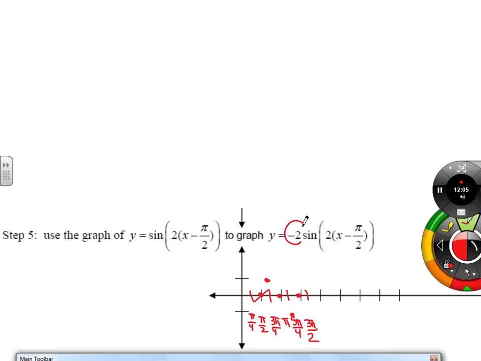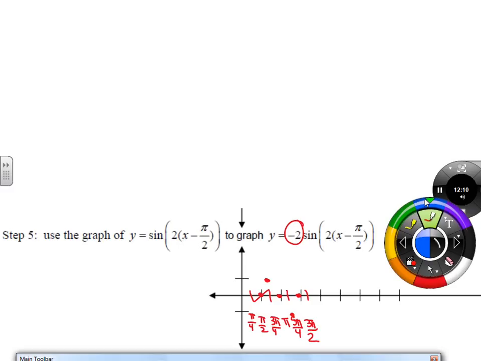By there being a -2 in front right here, what adjustments are going to have to be made? Okay, so there's a reflection, which means anything that was above that middle axis is going to end up below. So like how it started with the top wave, and then the lower wave came second, those are going to flip. Okay? What else is going to happen because of this number?